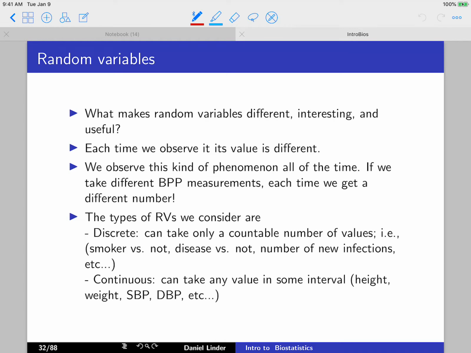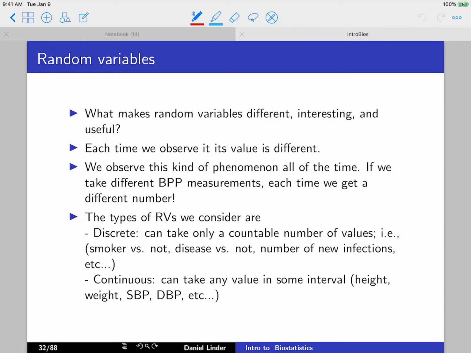So an example of the behavior that a random variable exhibits is that every time you observe it, its value is going to be different. So take blood pressure, for instance. If we take different blood pressure measurements, each time we're likely going to get a different number just due to random variation.